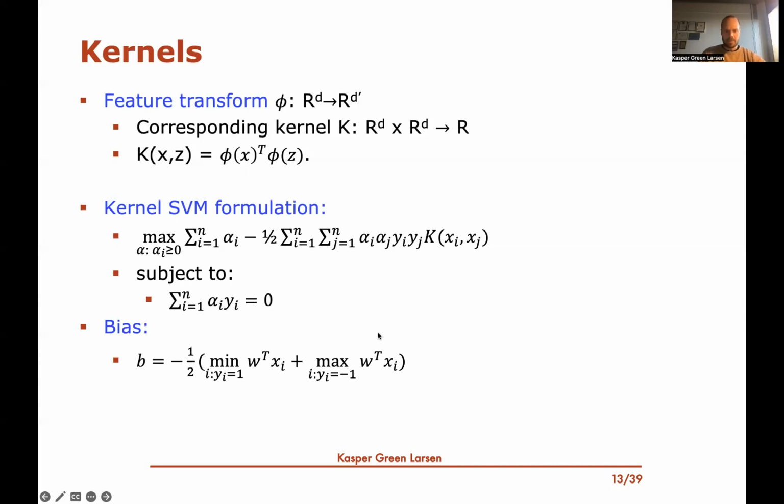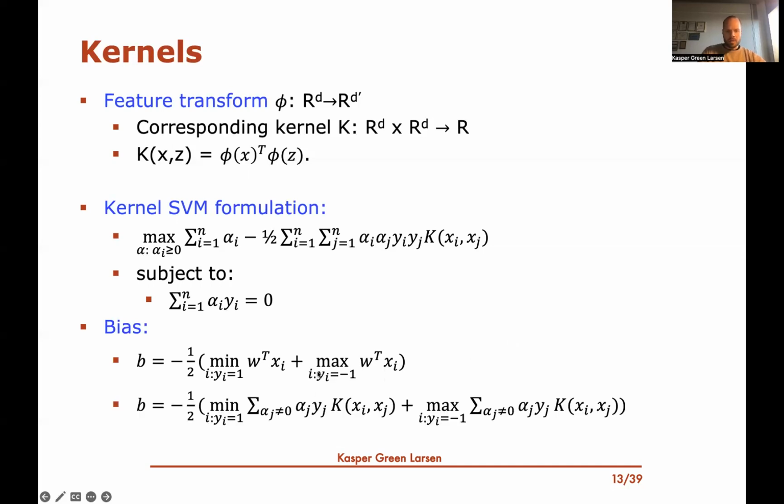The bias before looked like this: you had to take the minimum over all the points in one class of the inner product between w and xi, and the maximum over all the points in the -1 class of the inner product between w and xi. Knowing what w is, the sum over the alpha j's that are non-zero of alpha j, yj, xj, we can use the linearity of inner products to turn this inner product into a sum over alpha j not equal to 0 of alpha j, yj, then the inner product between xj and xi, which even for feature transformed vectors is just the application of the kernel to xi and xj.